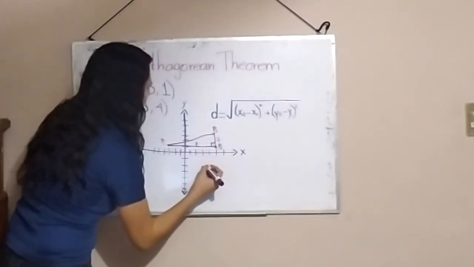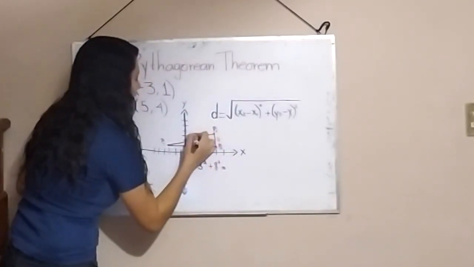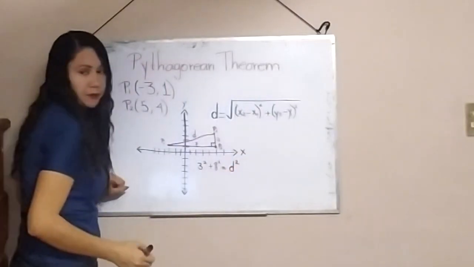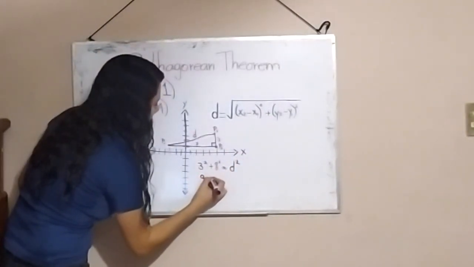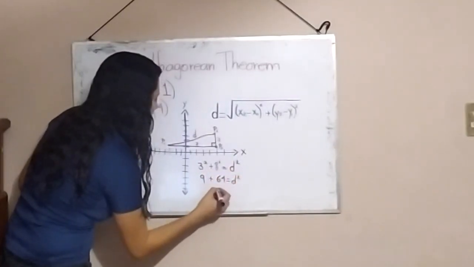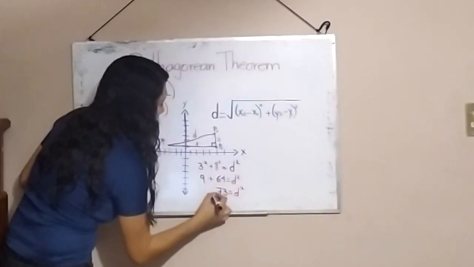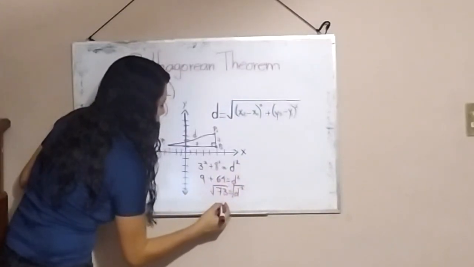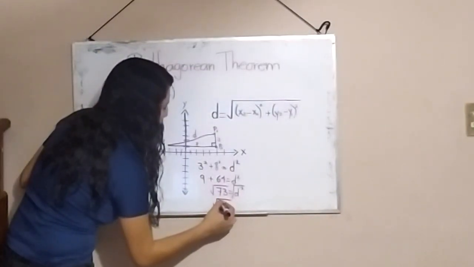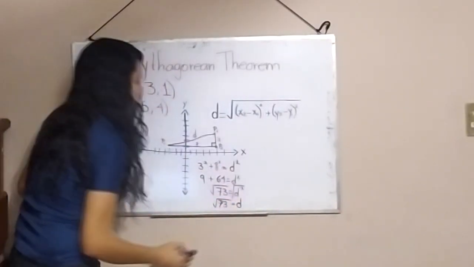The Pythagorean theorem says that 3 squared plus 8 squared is going to give us this distance we are missing, squared. 3 squared is 9, plus 8 squared is 64, equals d squared. This would be 73, equals d squared. We take the square root, and since 73 is not an exact root, the square root of 73 equals d.